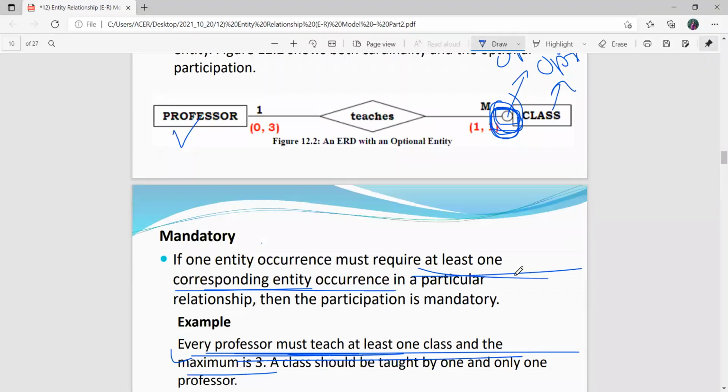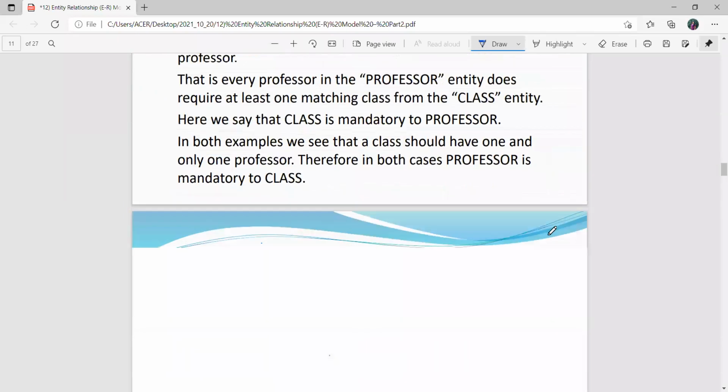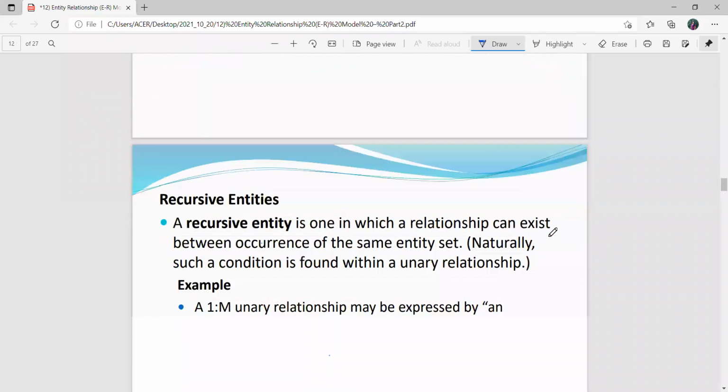Such relationships are known as mandatory relationships. But we do not specially highlight the mandatory relationship. All these belong to the mandatory case. If it is an optional case, we highlight it by using a small circle. Okay, I think it was clear.